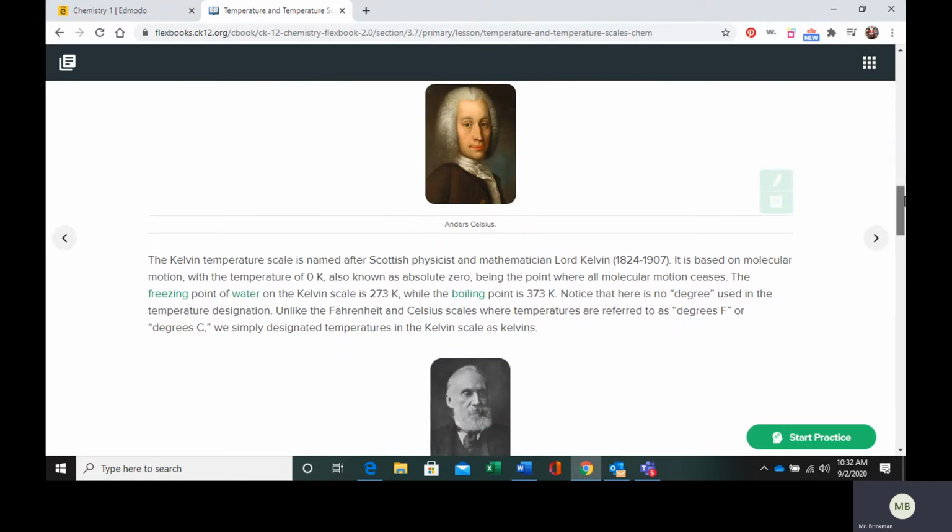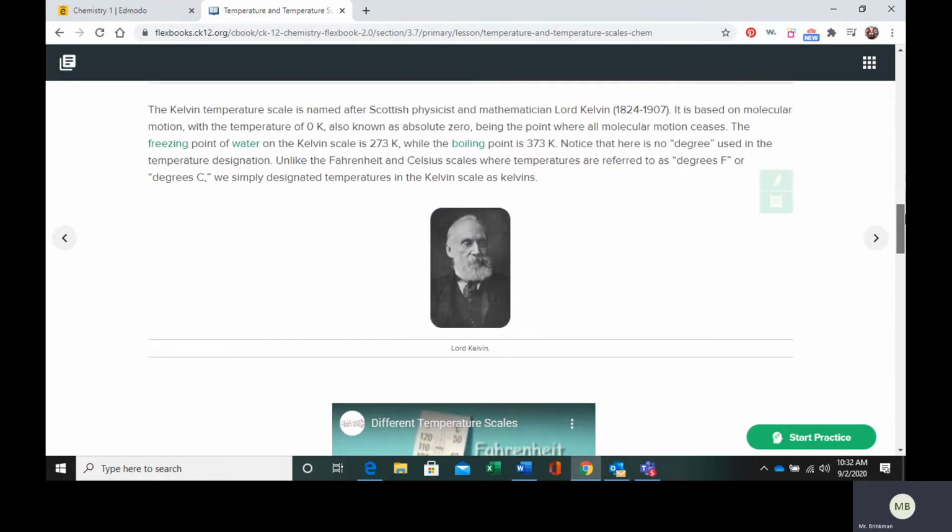So the Kelvin temperature scale is named after the Scottish physicist and mathematician Lord Kelvin. So this is based on the molecular motion of whatever you are measuring.